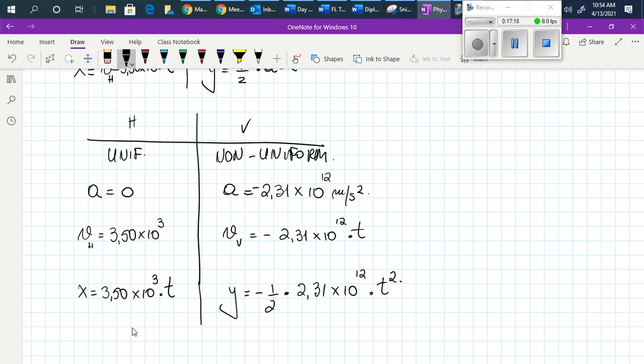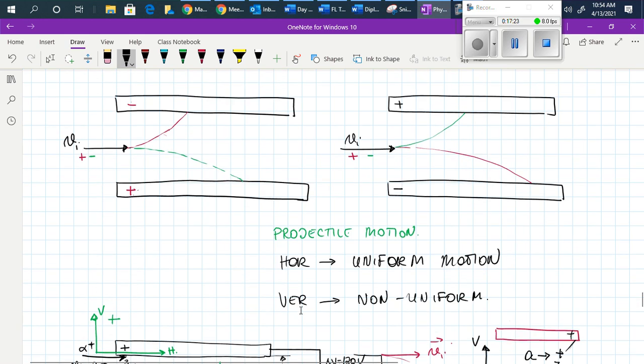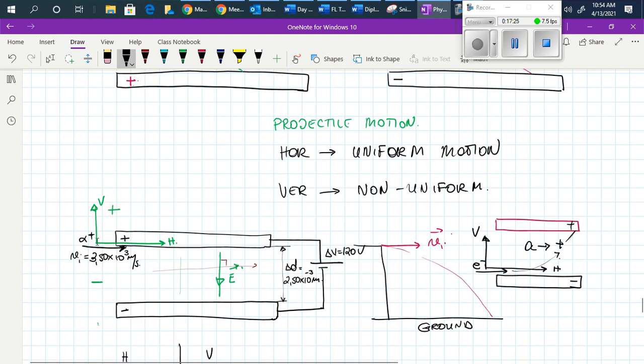So how long will it take to hit the other plate? And this is where we will stop and say, okay, so what do we have here? The object is entering at this point. This distance here, 2.50 times 10 to the negative 3, is it positive or negative? Since it is below the horizontal axis, it will be negative.